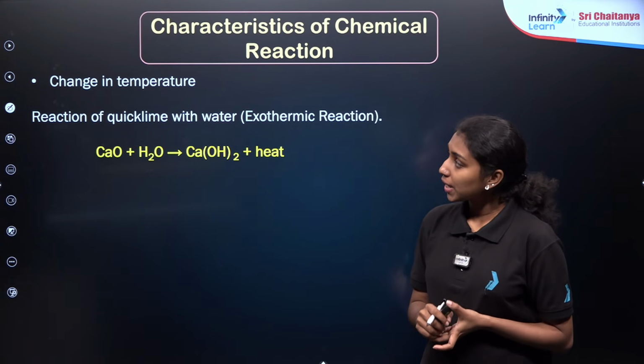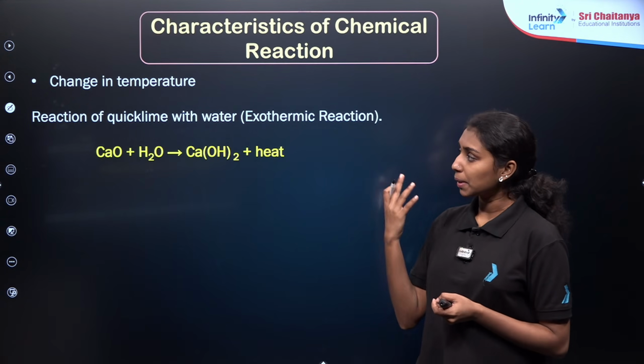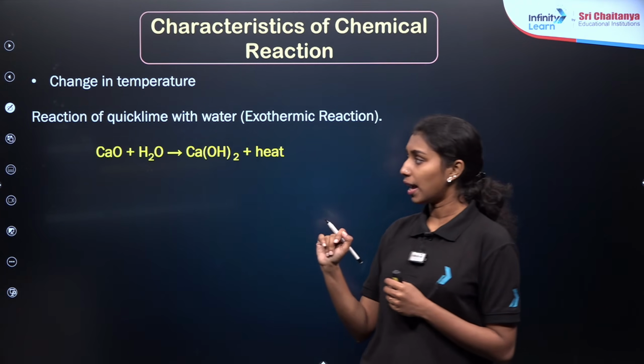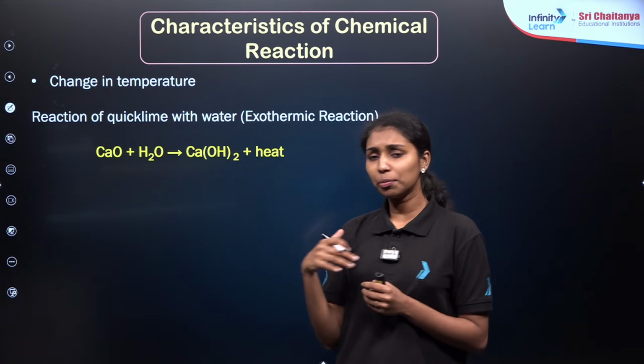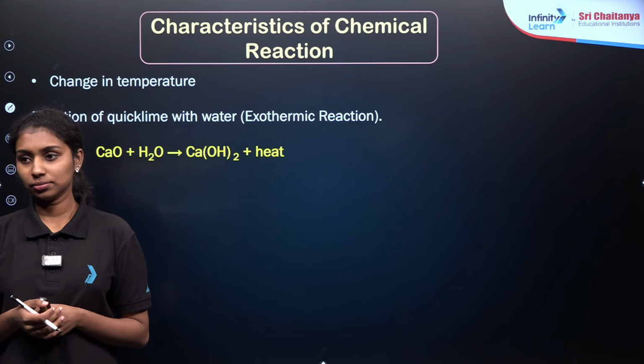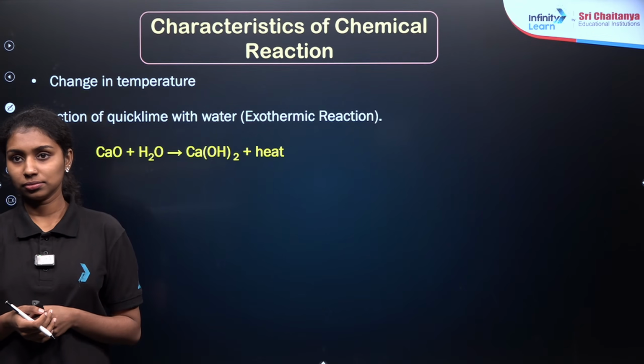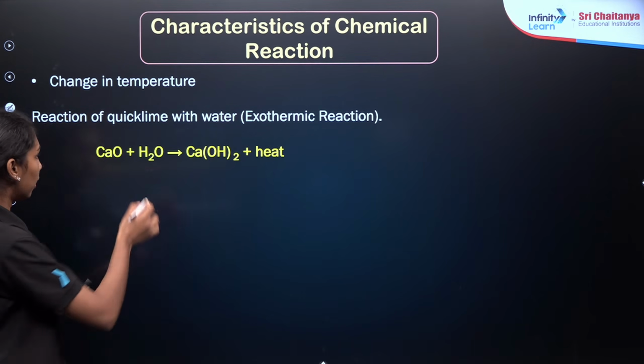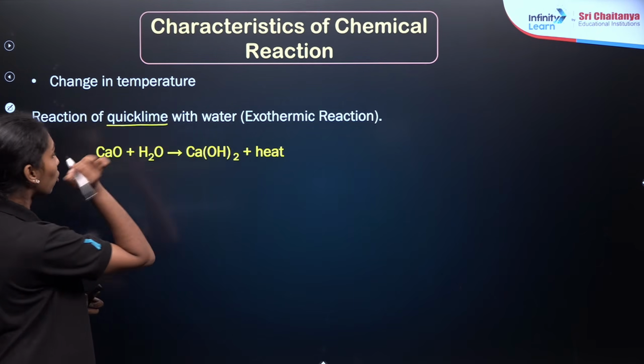The next type is the change in temperature, right? If the temperature changes, how can we explain it in terms of a chemical reaction? What do you mean by quicklime? Calcium oxide is known as quicklime.